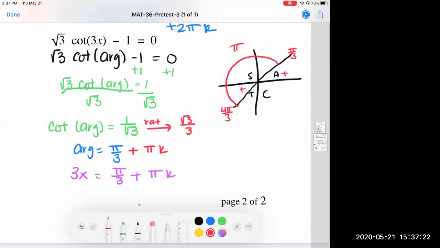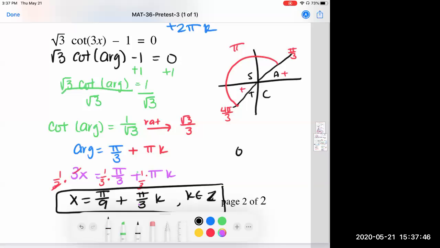Last bit, we divide by 3, but since we have fractions, we can write times 1/3. That would work. Times 1/3. So we get x is equal to pi over 9 plus pi over 3 k, where k is contained in your integers.